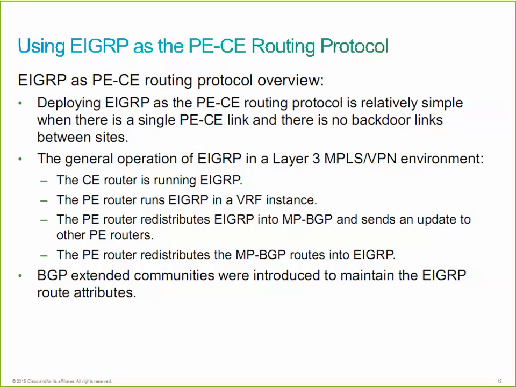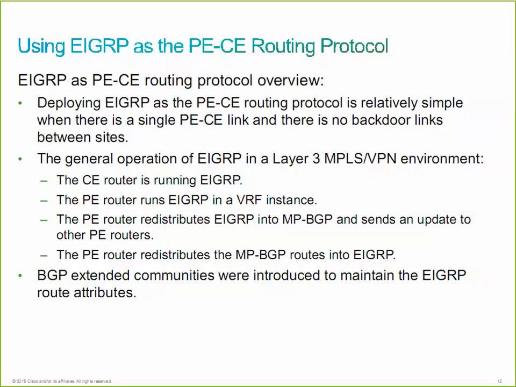Right? Now, what kind of characteristics are we talking about? Metric components, right? Because we know that BGP doesn't handle metrics the same way that EIGRP does, right? In fact, it doesn't really use metrics at all.